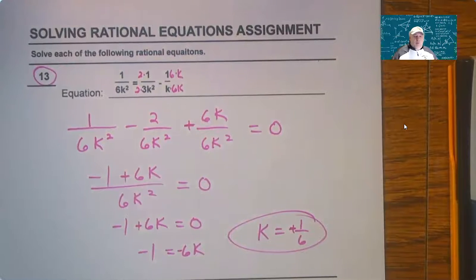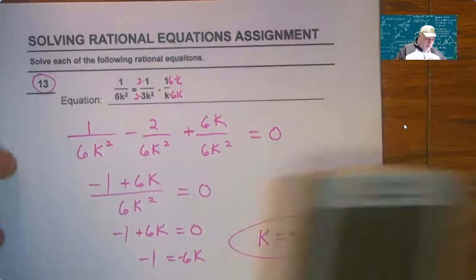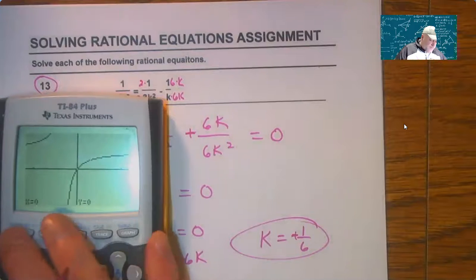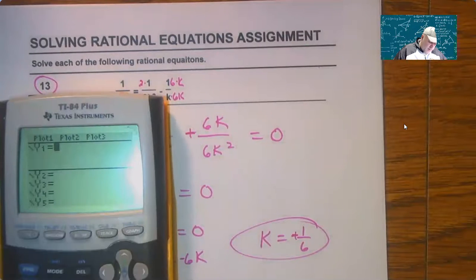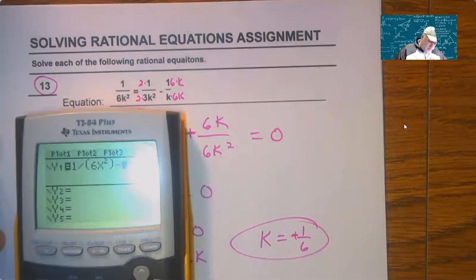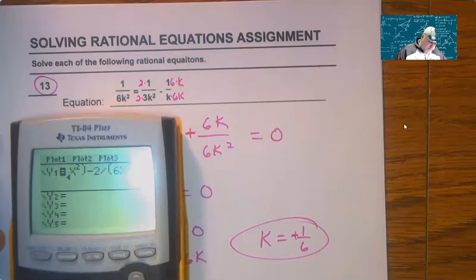Now, here's what you can do to check this out, to make sure there's no mistakes. You can enter this in on your table. And so you got to be careful with how you put things in. So notice how I'm doing this. Minus 2 over 6x squared plus 6x. You should use the fraction entry tool for sure.